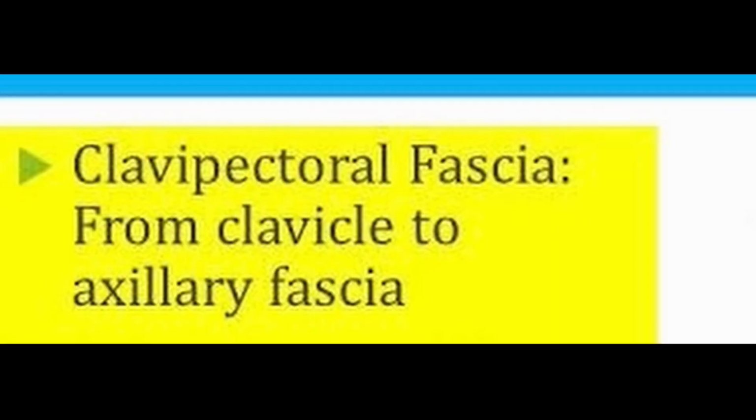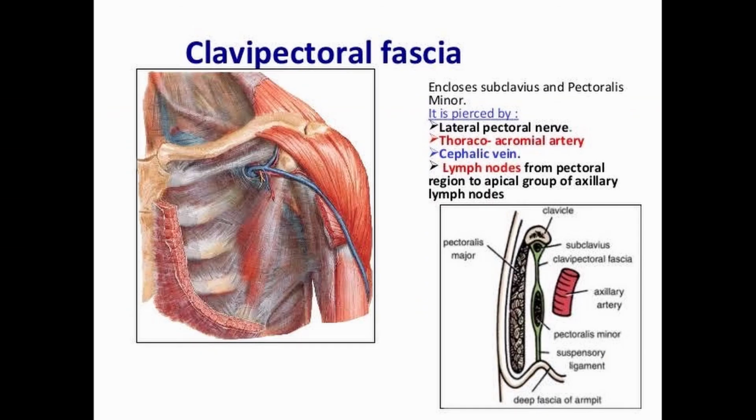Now we discuss what is clavipectoral fascia. The clavipectoral fascia extends from the clavicle to the axillary fascia. It encloses subclavius and pectoralis minor. As you can see on the diagram, there is the clavipectoral fascia which encloses the subclavius and the pectoralis minor muscles, and it is pierced by the lateral pectoral nerve, thoracoacromial artery, cephalic vein, and lymphatics from the pectoral region to the apical group of axillary lymph nodes.